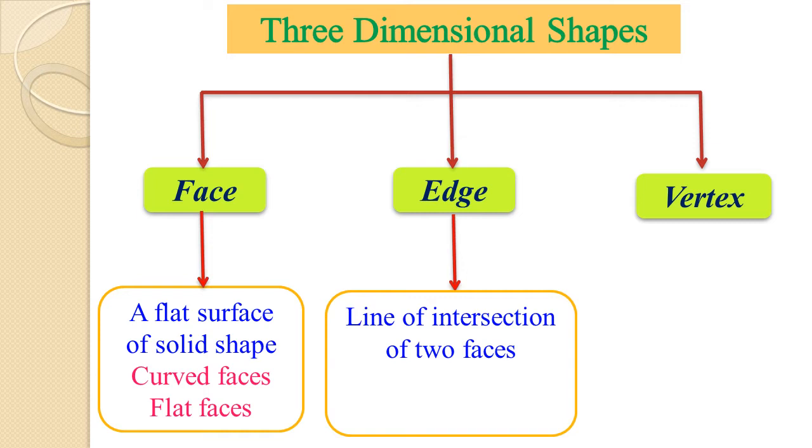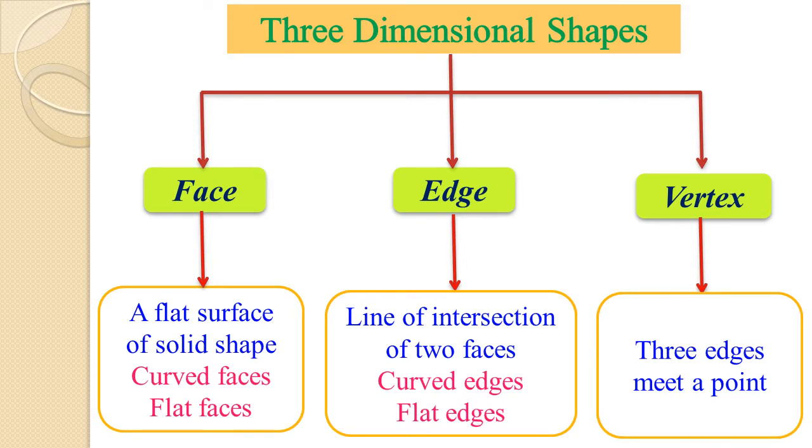So edges also have two types: the first one curved edges, the second one flat edges. Let's see what is a vertex. The point where three edges meet is called a vertex. That is, a corner is also called a vertex.